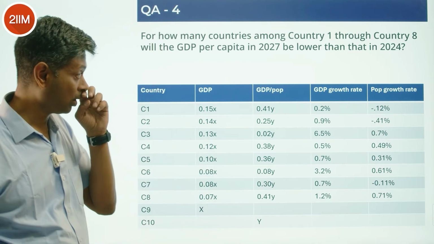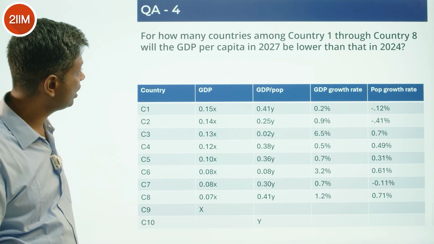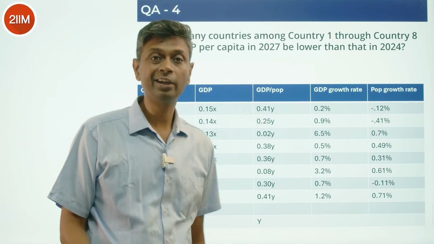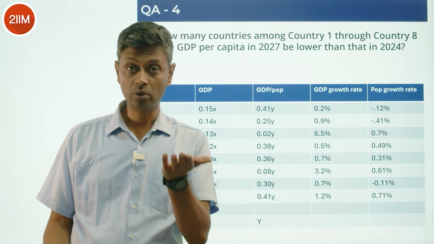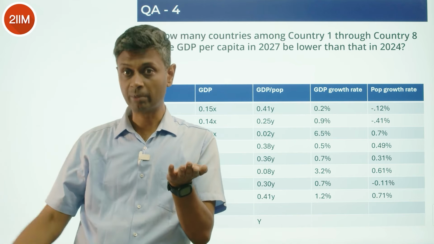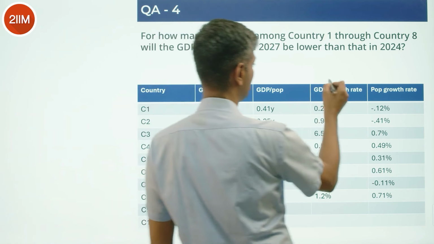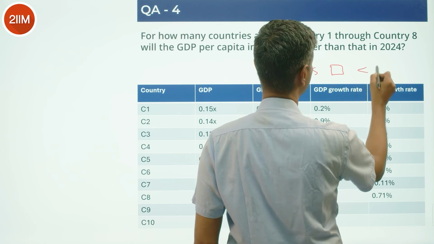This question, a roundabout way of asking, in how many countries GDP per capita is lower? In how many countries is GDP growth rate less than population growth rate? GDP has grown, population has grown by more, per capita will crash. In how many cases is this less than this?